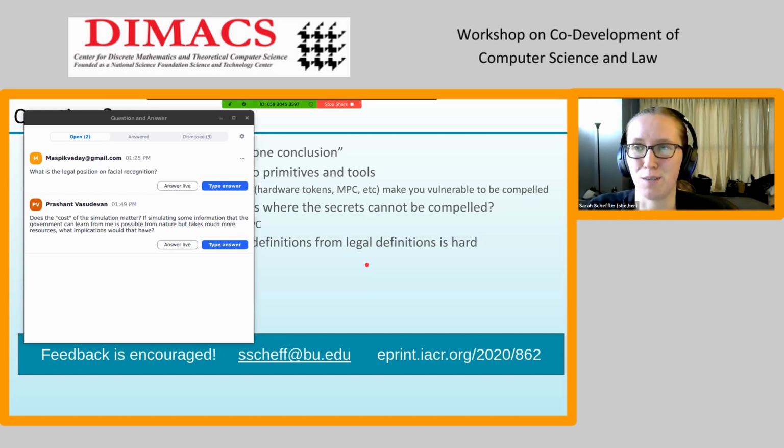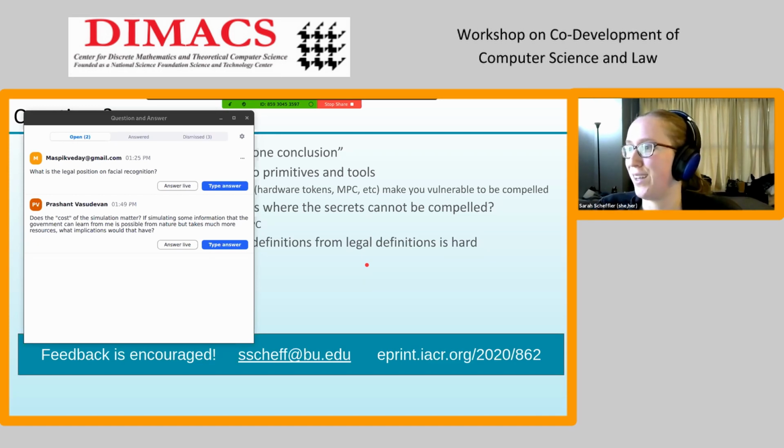I'm probably going to mangle this. As far as I know, the US doesn't have a consistent legal stance on facial recognition. A handful of cities have banned facial recognition in surveillance and for law enforcement, and then there's the Illinois law, but I don't know about anything more central than that.